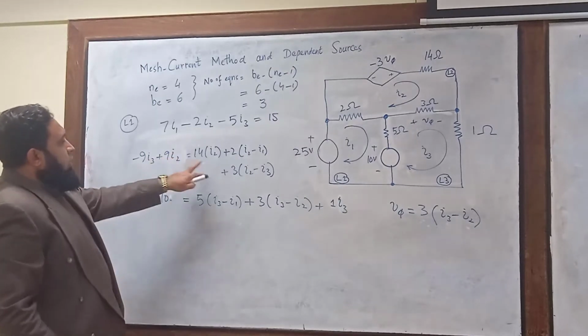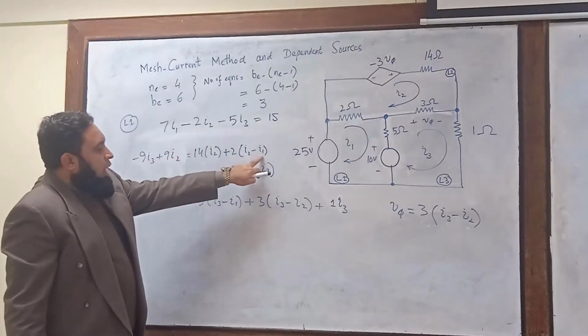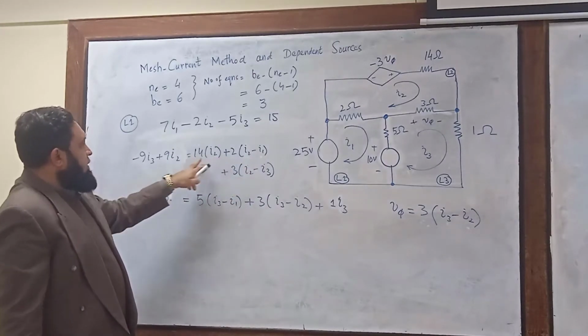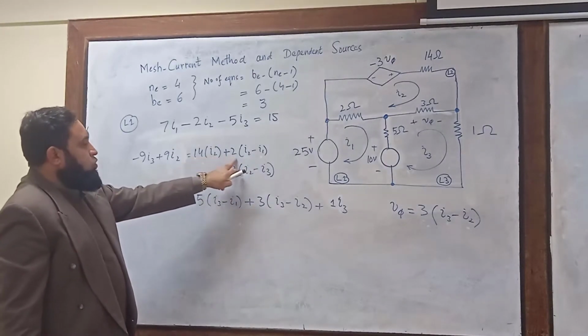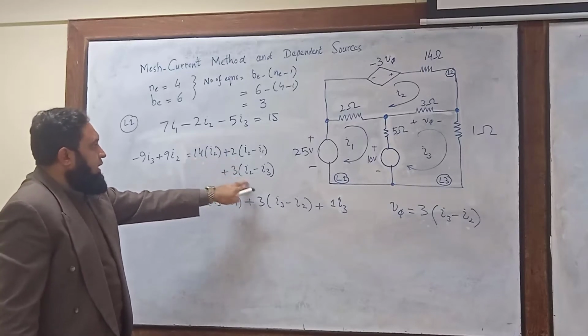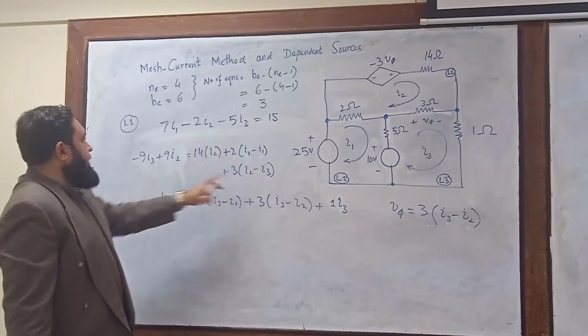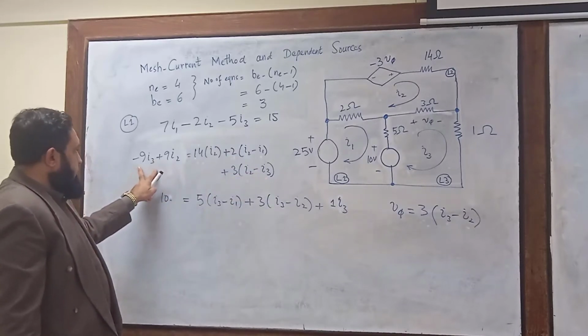Okay. Now we have minus 2I1 plus 14 plus 2, 16 plus 3, 17I2 minus 2I3 is equal to this thing.